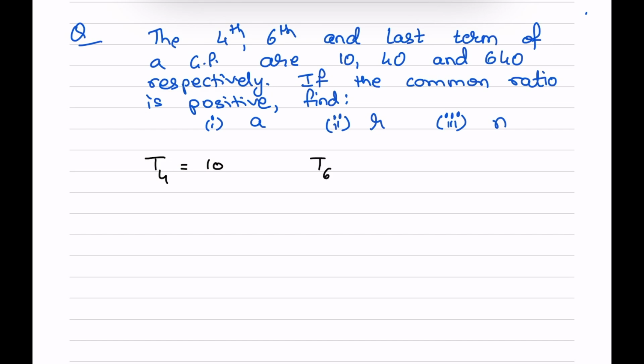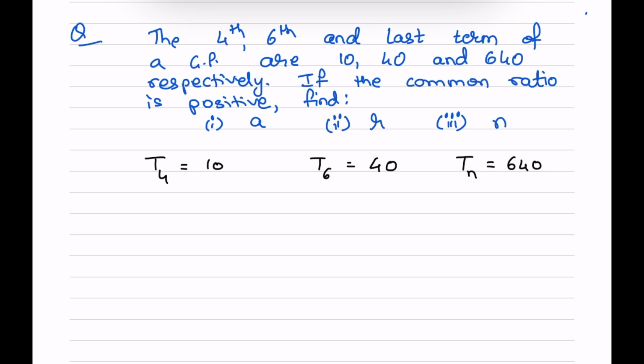Then T6 equals 40. And if we say that there are n terms in this geometric progression, then the last term, which is Tn, is given as 640. So using this information, we need to find the first term, common ratio, and number of terms.